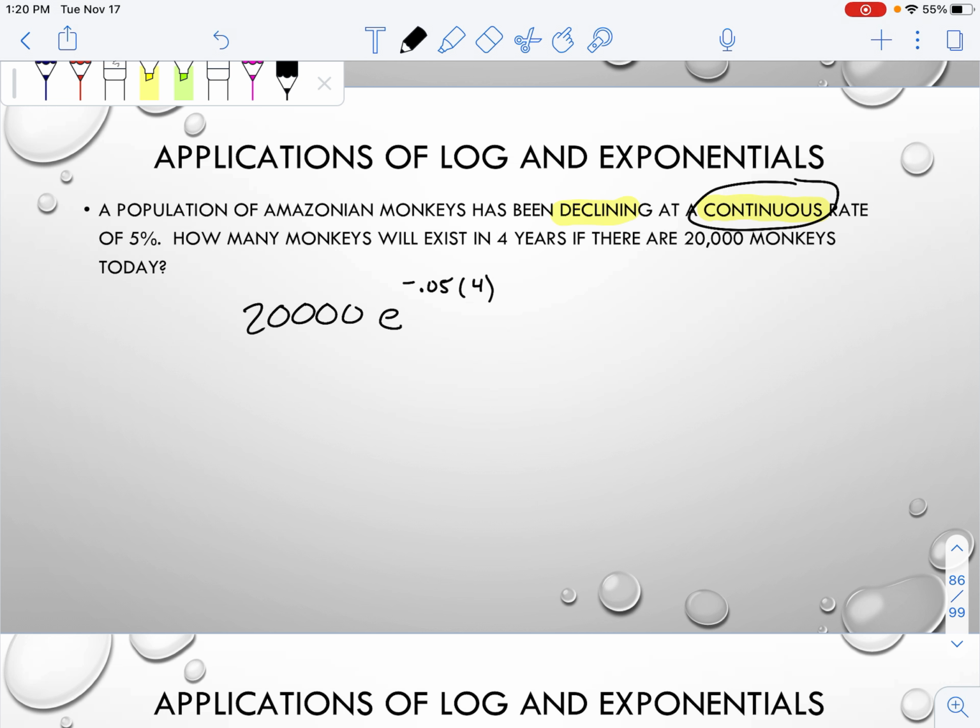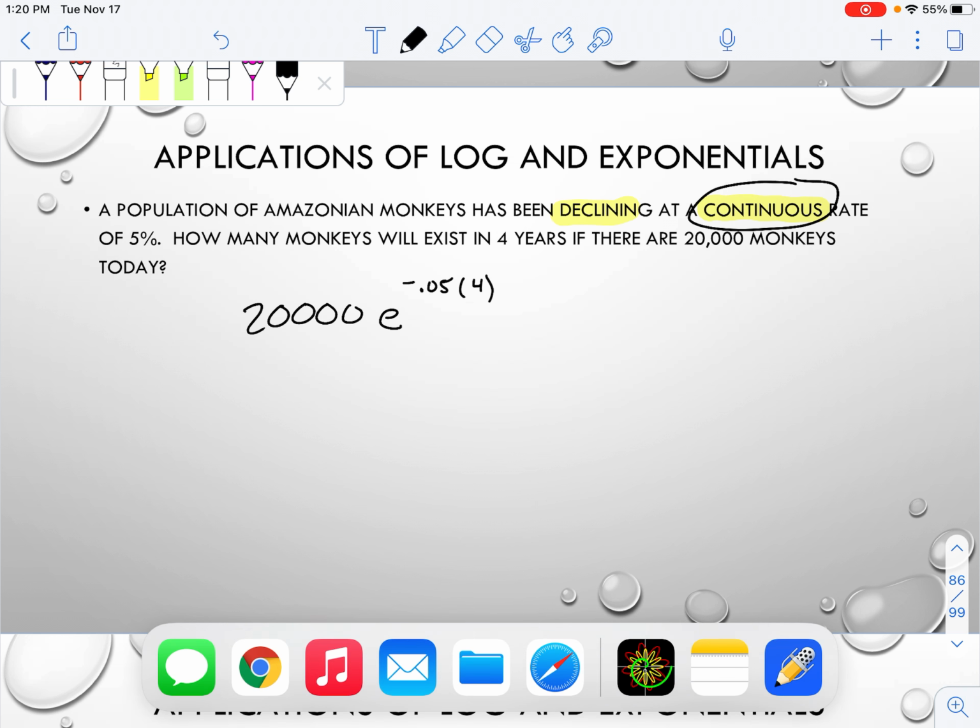All right, so we jam that in our calculator. Okay, pull this up.